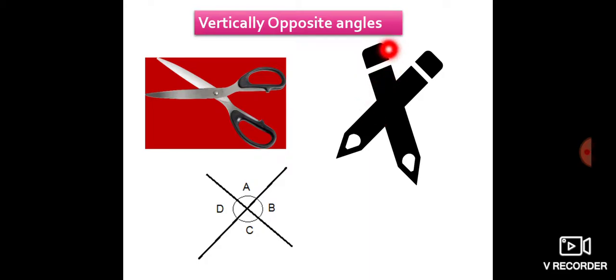Consider these two pencils. Here one angle, opposite side another one same angle. These are same angle, same measurement, and these two sides also same measurement. Here also A and C are opposite, B and D are opposite. The angle measures are same.